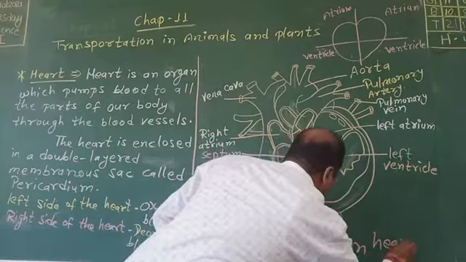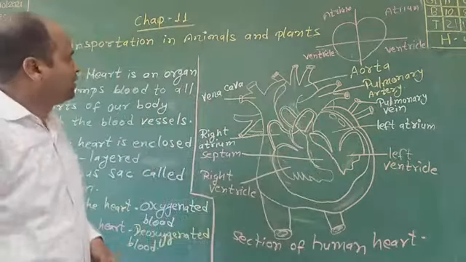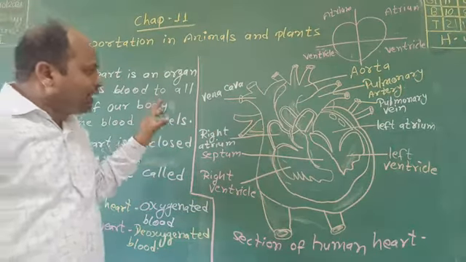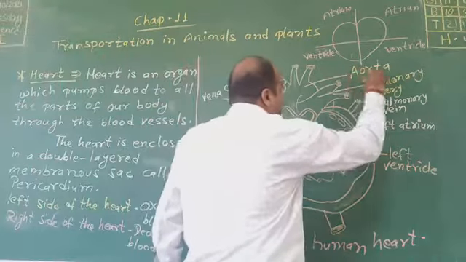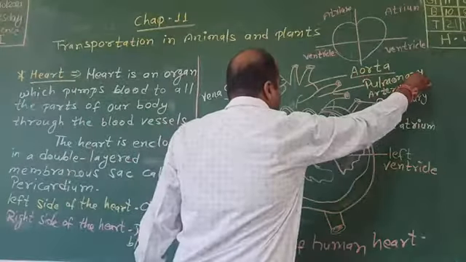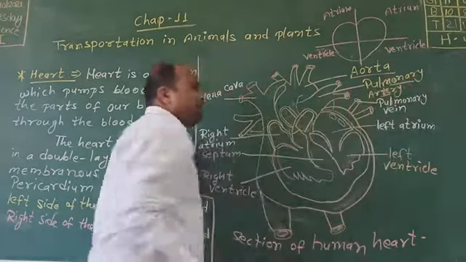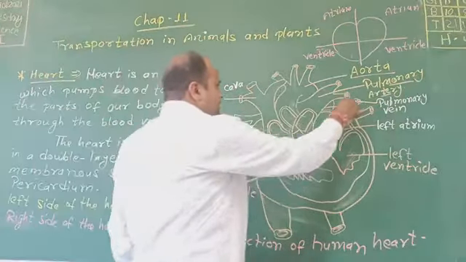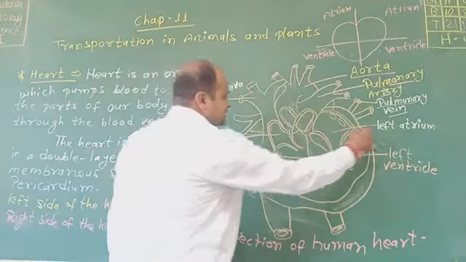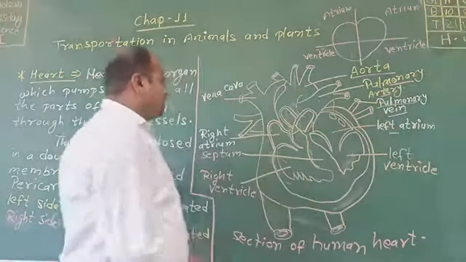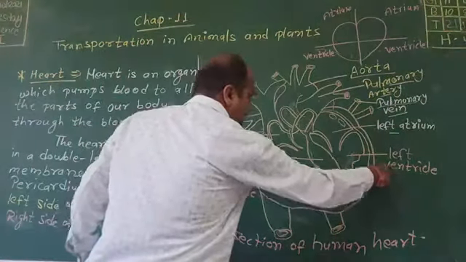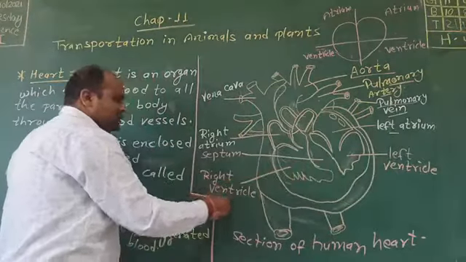Look at the picture on the green board. In this picture, this part is the aorta, this is the pulmonary artery, this is the pulmonary vein, this is the left atrium, this is the right atrium, this is the left ventricle, and this is the right ventricle.